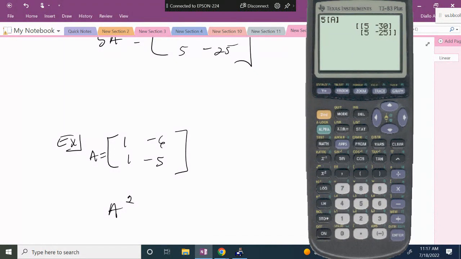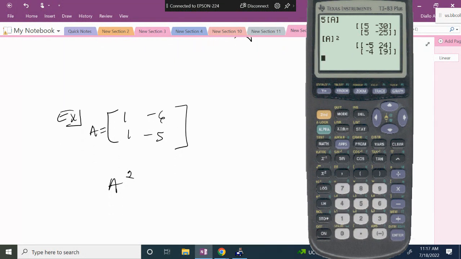Right, I can simply take matrix A and square it. And we would have -5, 24, -4, and 19.